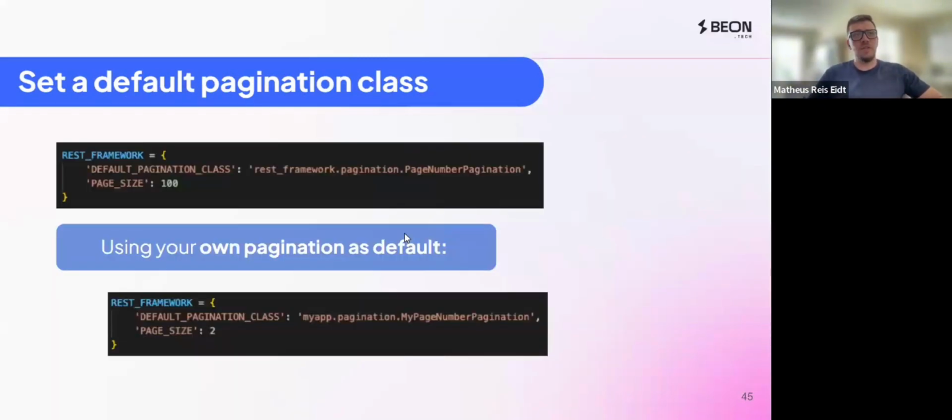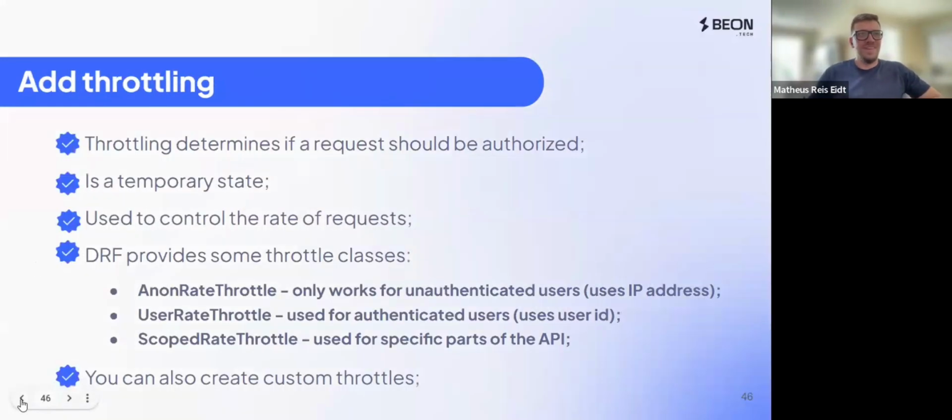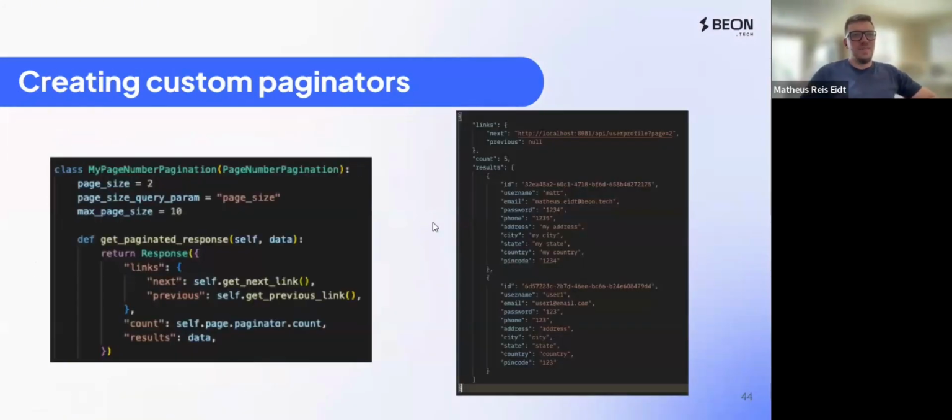I'm also changing how the paginated response looks. I'm putting the next and previous links nested in a links key. So you can see on the right side how this pagination will look in the response. I have at the top, nested in links, the next and the previous link. In this case, it's the first page. I also have the count and the results. Okay, now you can pass the slide.